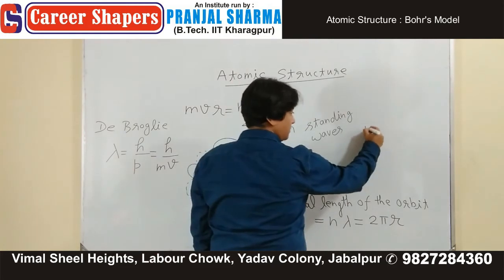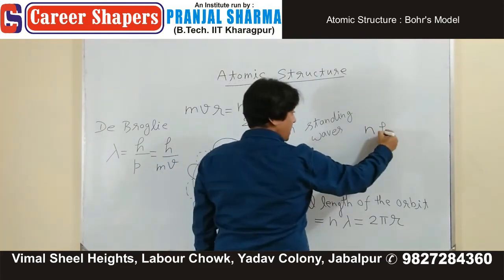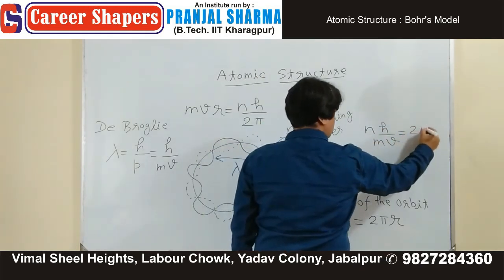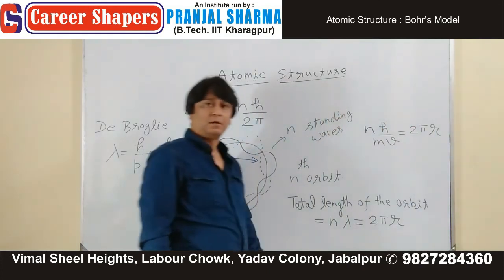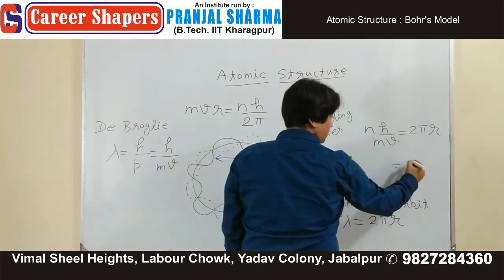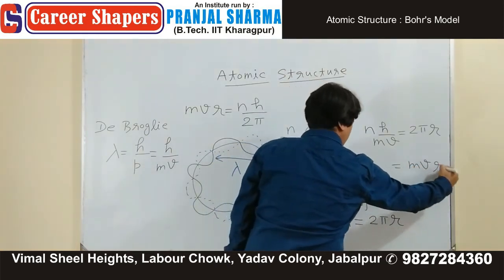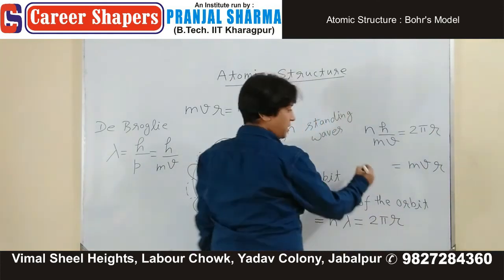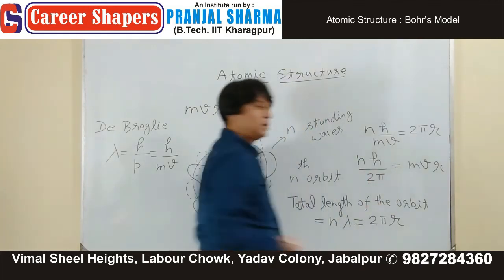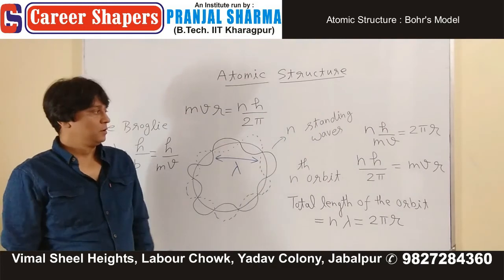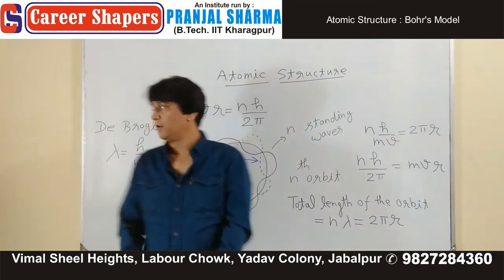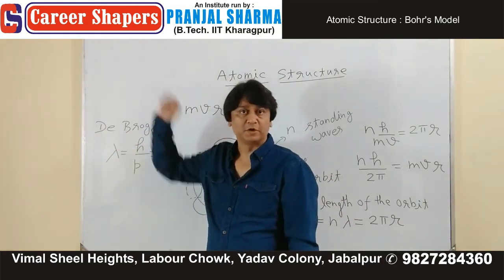This gives us n multiplied by h upon mv, that is 2 pi r, which gives us mvr, which is equal to n multiplied by h whole divided by 2 pi. So we have proved Bohr's second hypothesis with the help of de Broglie's hypothesis.